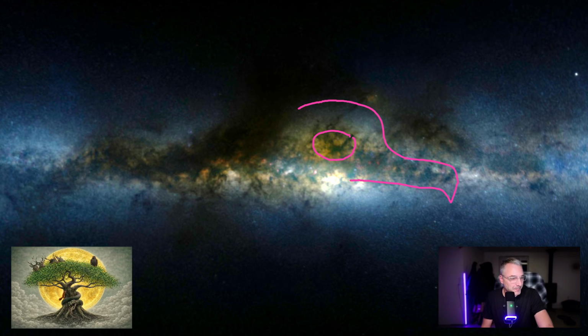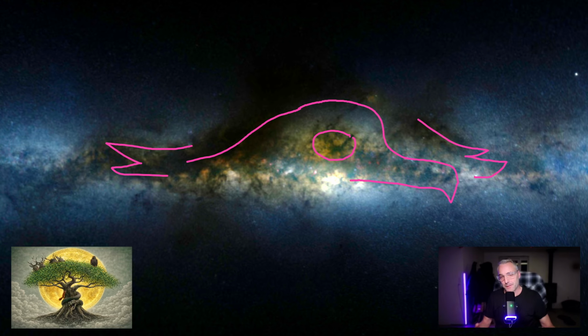And then we could make this his back and his wings here. That will be the best way to draw him. But that's the unnamed eagle here. And then he sits atop of the Yggdrasil tree.